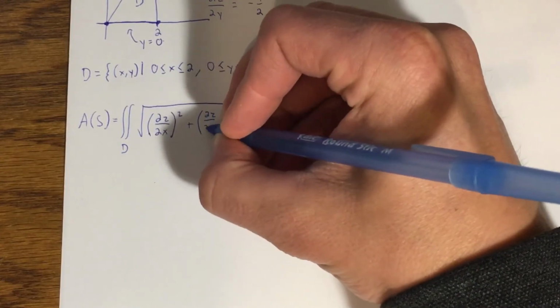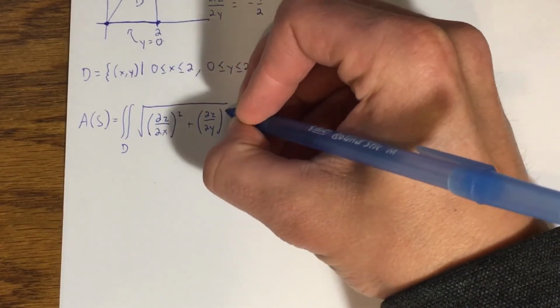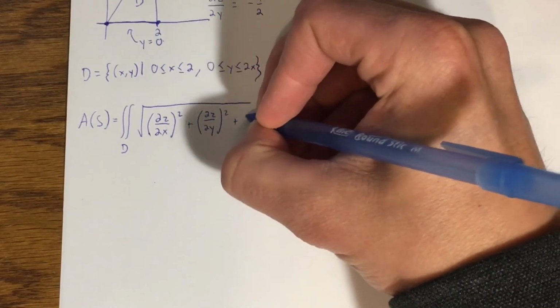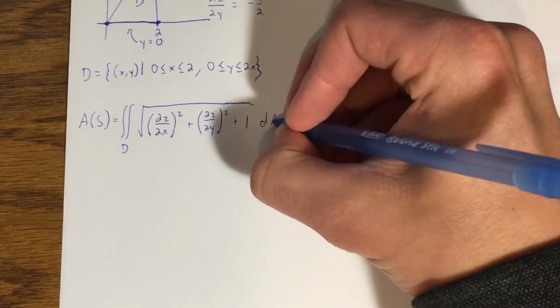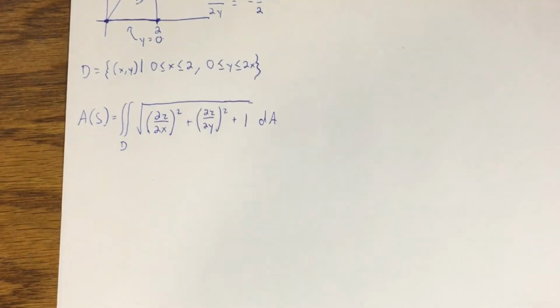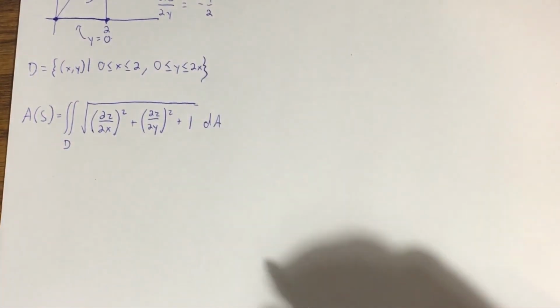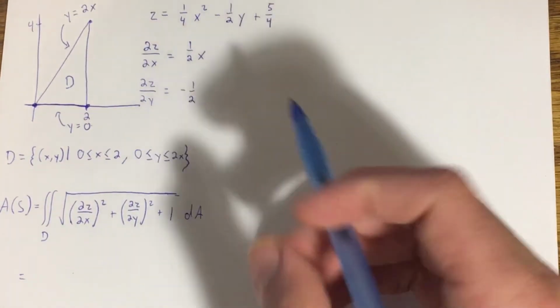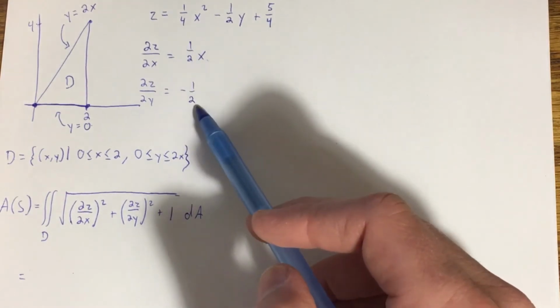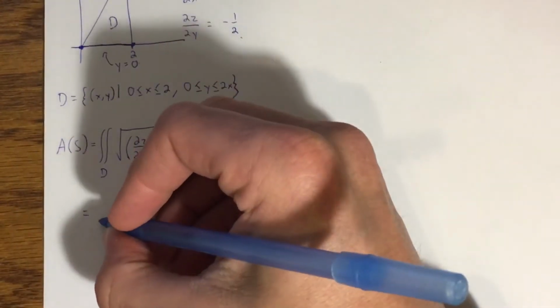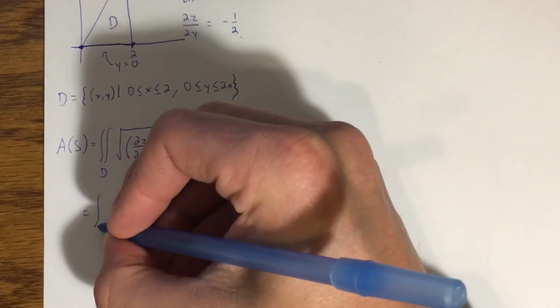Partial of z with respect to y here, plus 1 dA. All right, so I want to plug in the partial derivatives that I just found. So I'm going to square this, I'm going to square this, I'm going to add 1. That's going to look like the partial derivative.